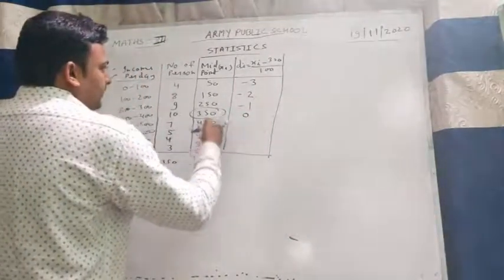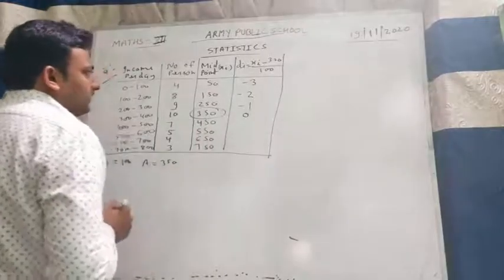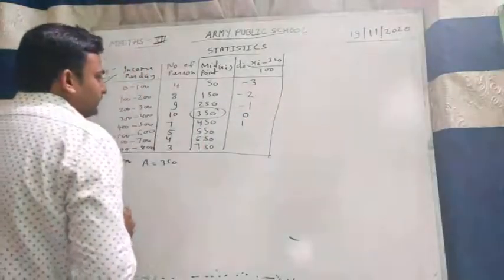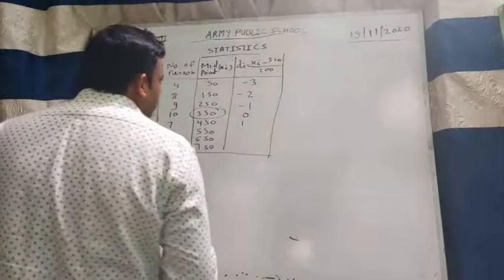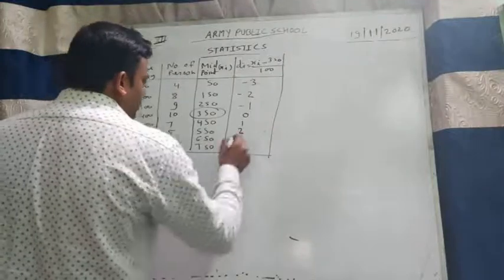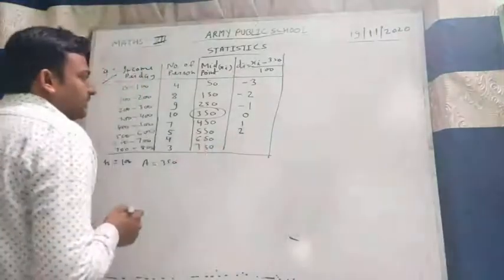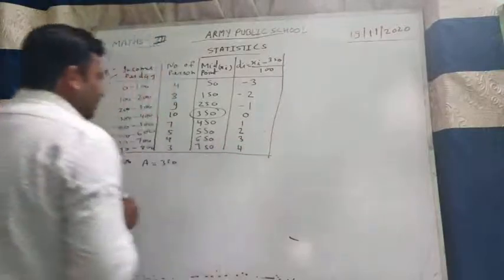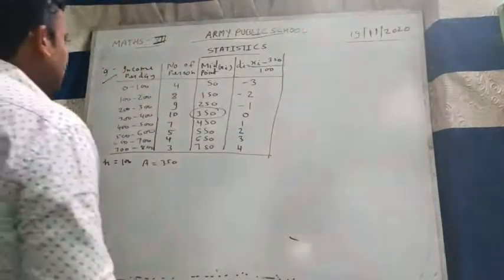And 450 minus 350, 100 by 100, so it will be 1. 550, so 200, it will be 2. 650 minus 350, it will be 300, so 3, and 4. So this is our di.